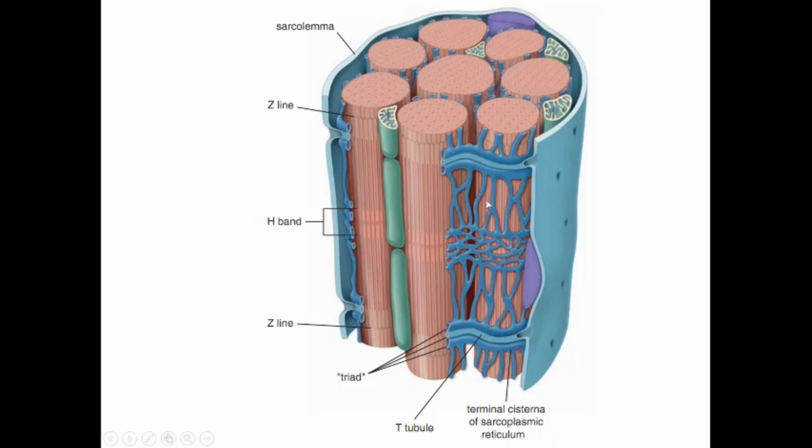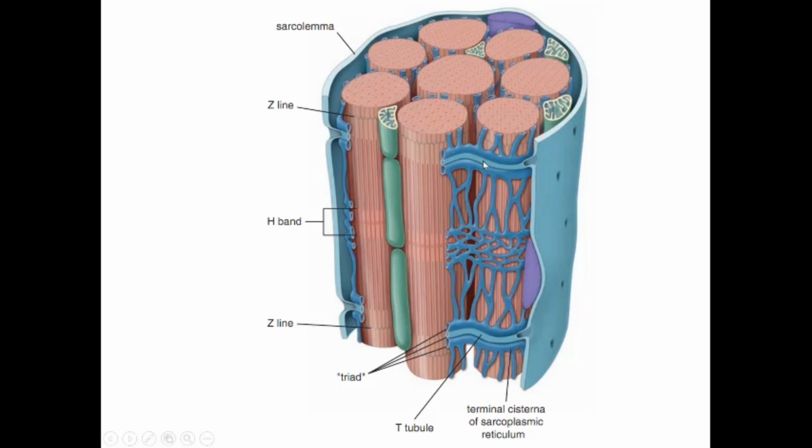Here you can see sarcoplasmic reticulum, transverse tubules, and near the transverse tubule we have a large cistern of sarcoplasmic reticulum called the terminal cistern. On both sides of a transverse tubule we have two terminal cisterns.